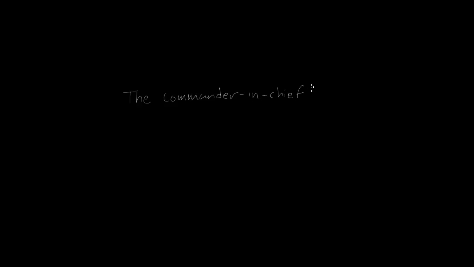And if you want to say the commander in chief's car is red, if you've got a compound noun, basically you add apostrophe S to the last word in the noun. So in this case it's chief, and you add the apostrophe there. The commander in chief's car is red. Again, that indicates possession. It's his car.